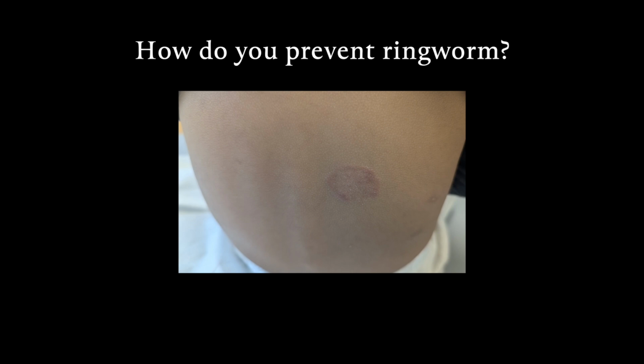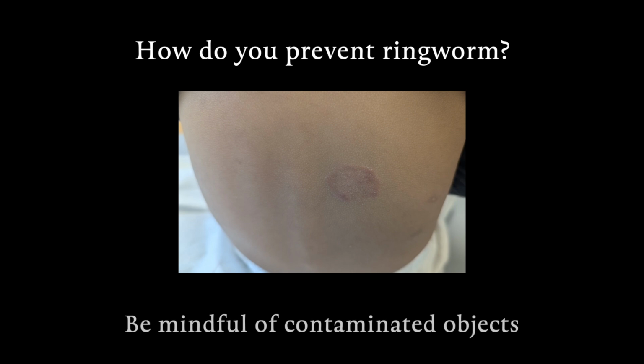You can contract ringworm of the foot from people who have ringworm and had walked on the same floor. That's one way to prevent ringworm: avoid contaminated objects. And how could you avoid them? Be mindful of them and, of course, wash your hands and take a shower when you come home from work.